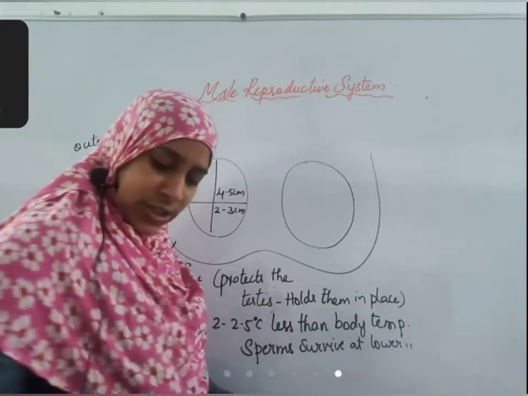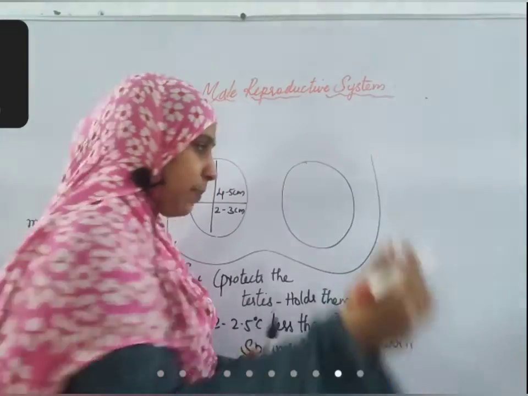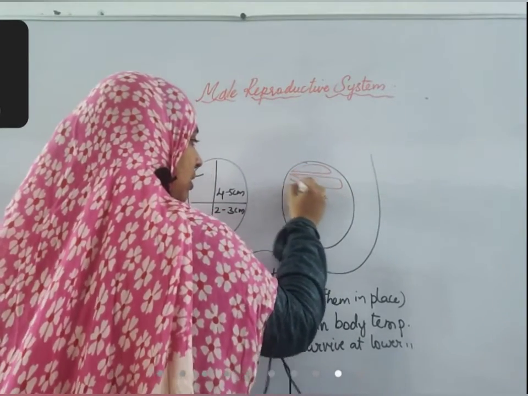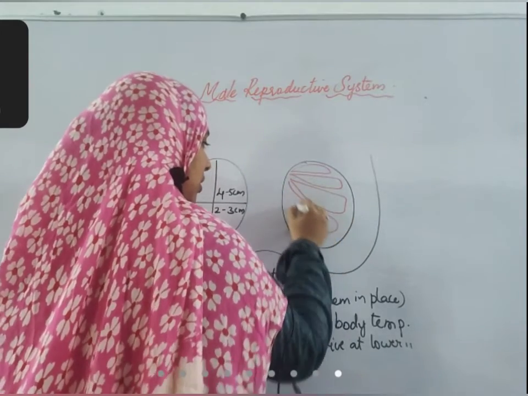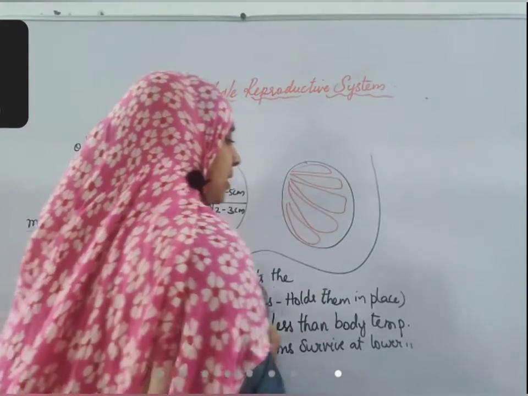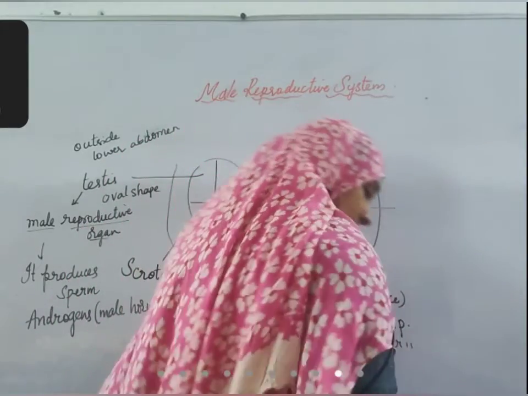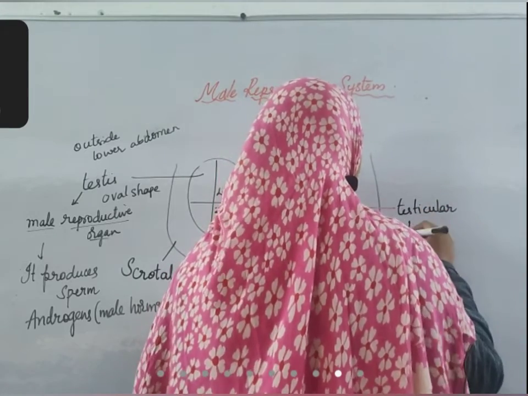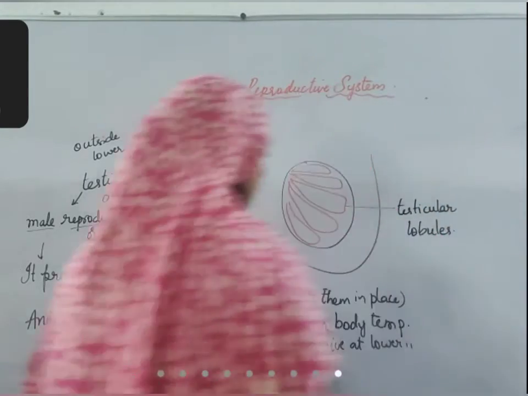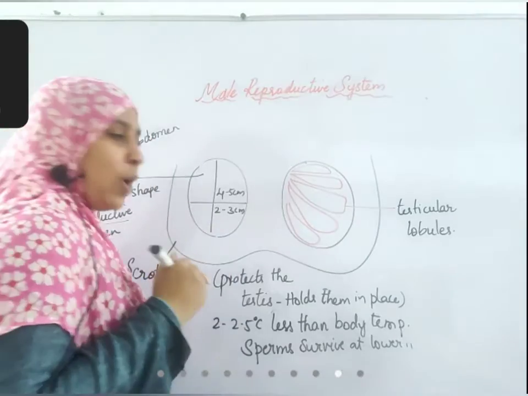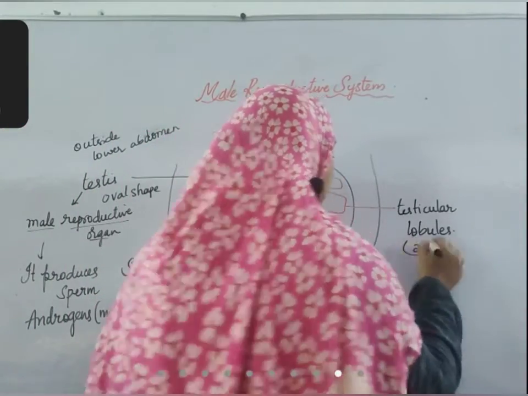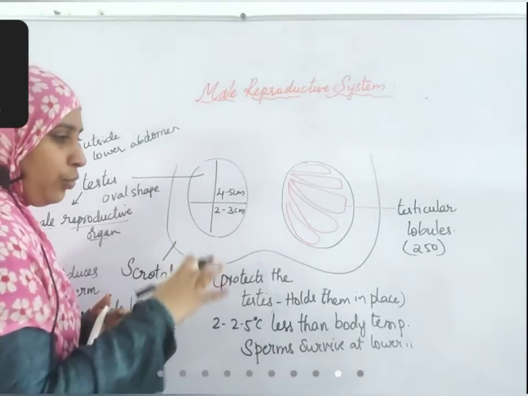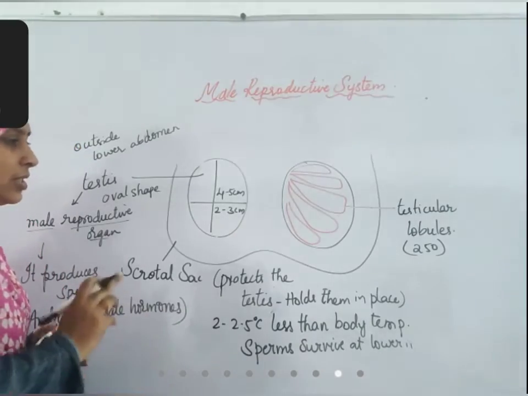Inside each of these testes, there are small separations. These separations present inside the testis are called testicular lobules. How many testicular lobules are present per testis? Approximately 250 per testis. We are able to draw only 5, but 250 are present inside each testis.